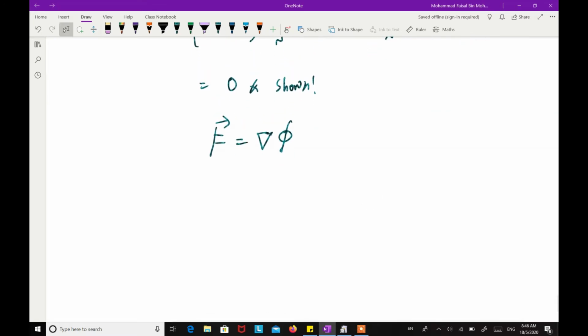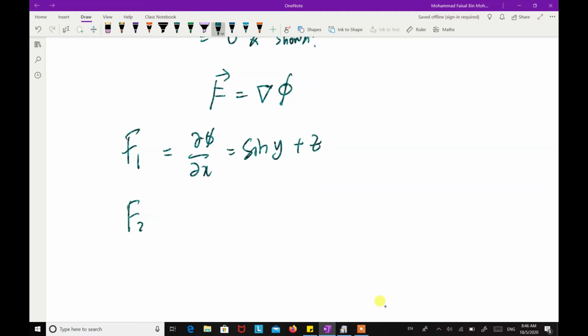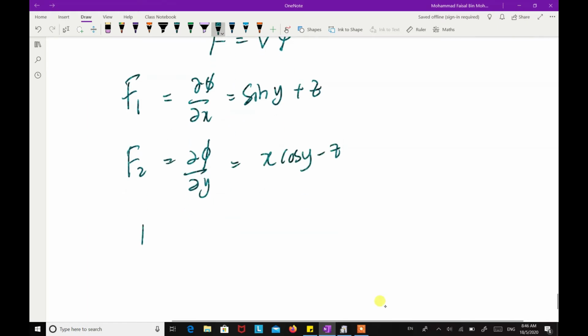To find its potential function, del phi over del x is the first component f1, sine y plus z, and then f2 will be del phi over del y, that is the second component, x cos y minus z. f3 will be del phi over del z, that is equal to x minus y.